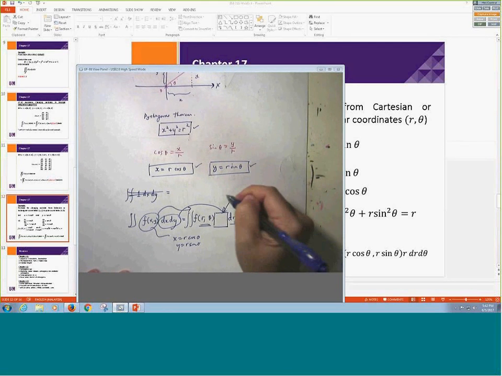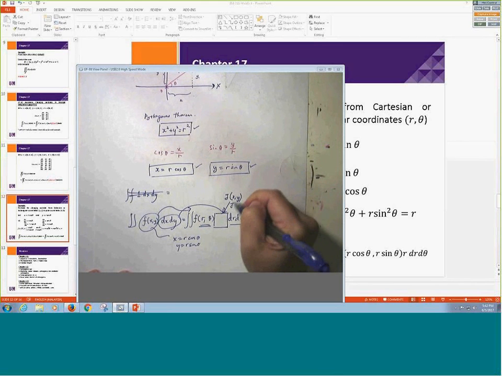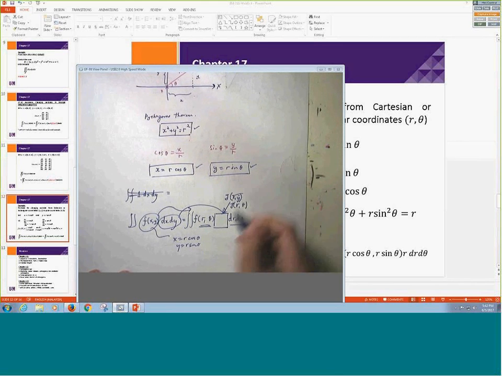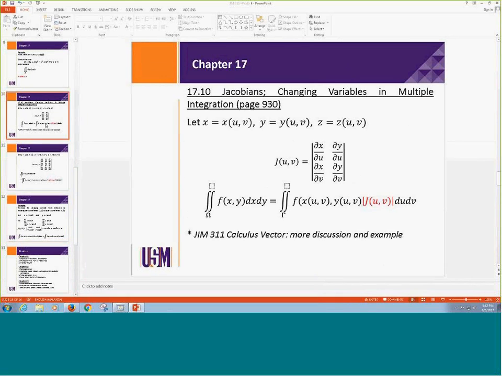The Jacobian of the xy with respect to r theta. That's why you have the formula like this. When you exchange, there is a Jacobian here, and then dr d theta.